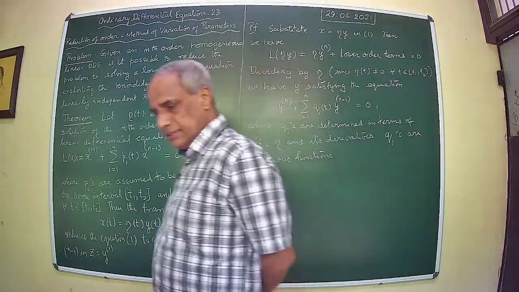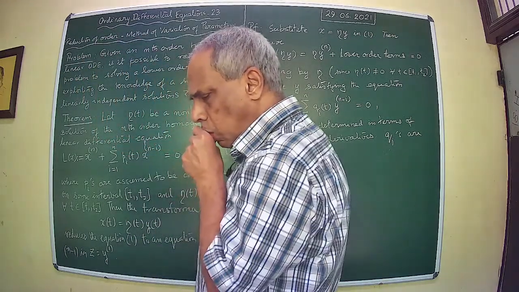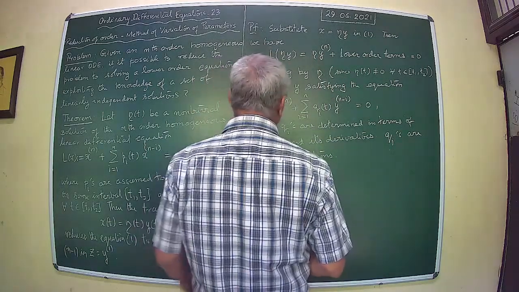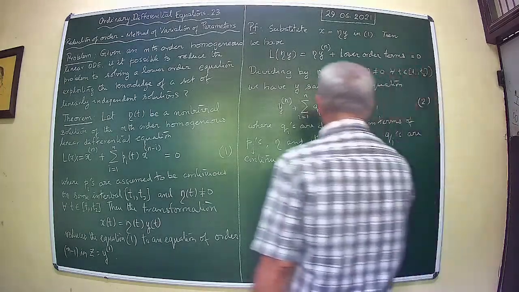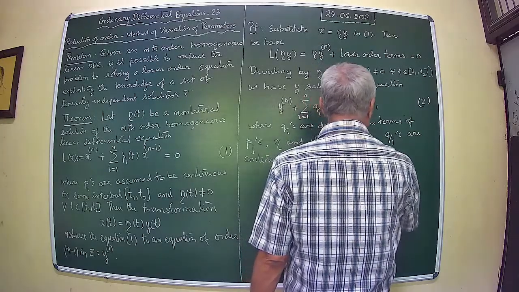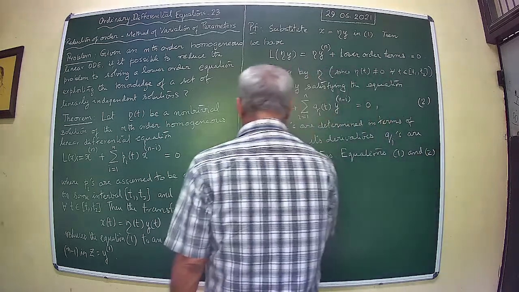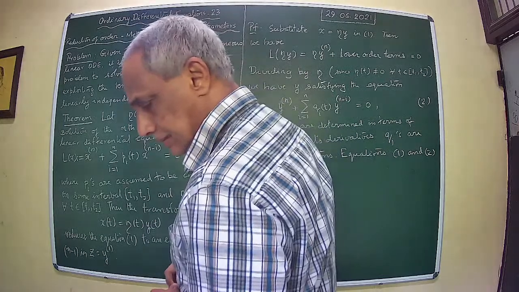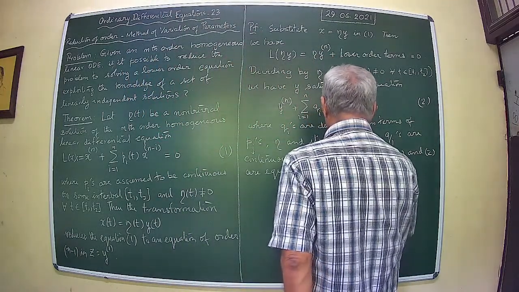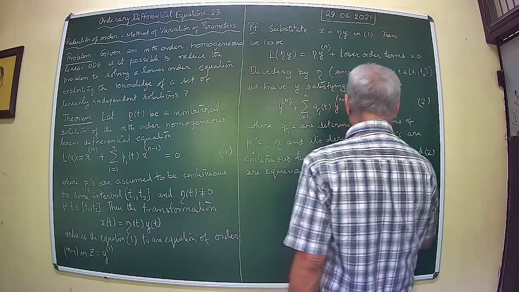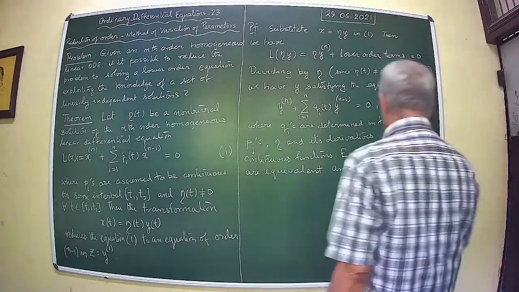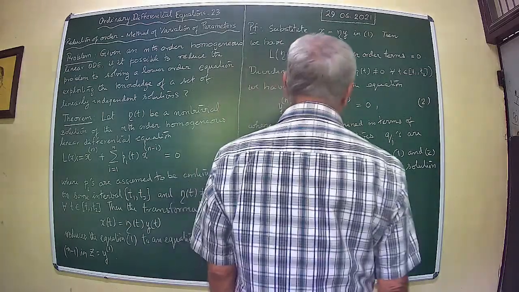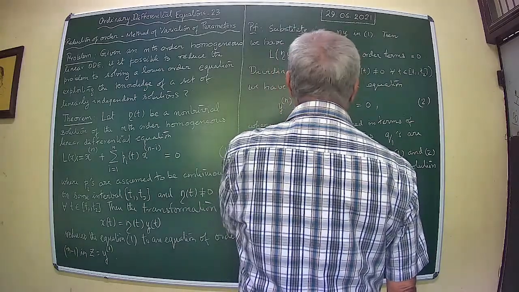Now what we observe is that the equations are equivalent, and this implies that y identically equal to 1, that is the one corresponding to x equal to eta, is a solution of the equation Q.